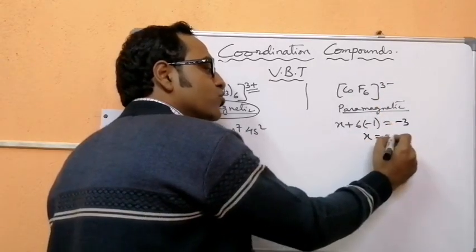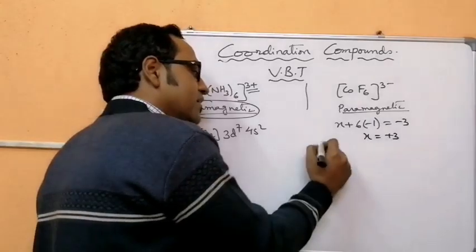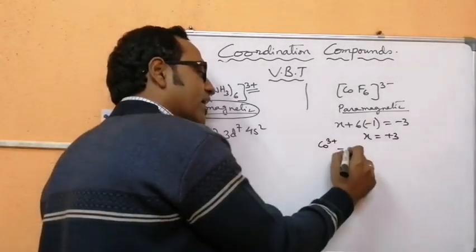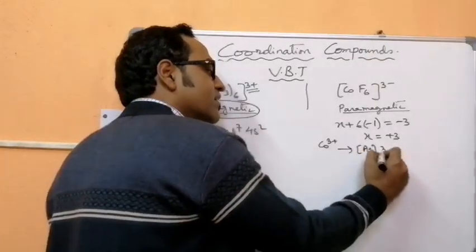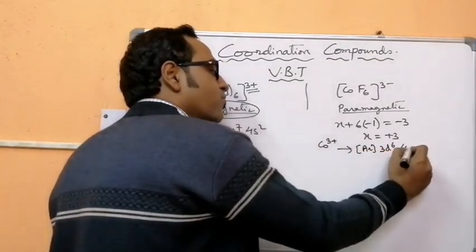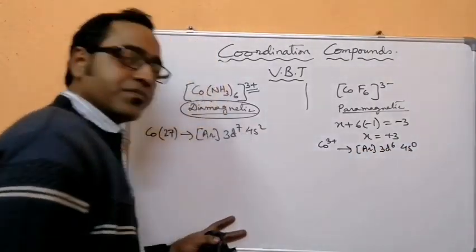So X comes out to be +3. That means Co3+, and the Co3+ electronic configuration is argon 3d6 4s0.